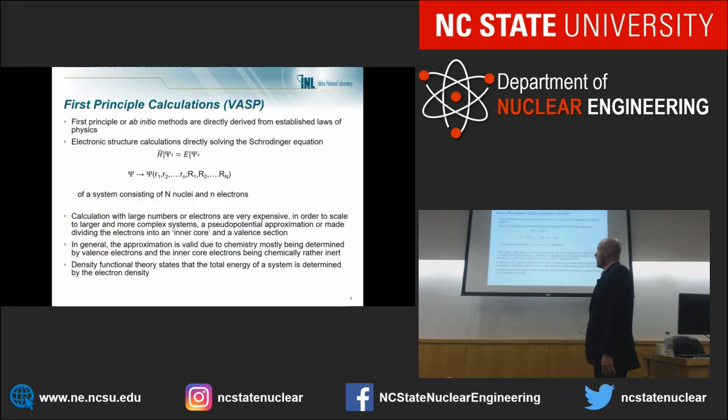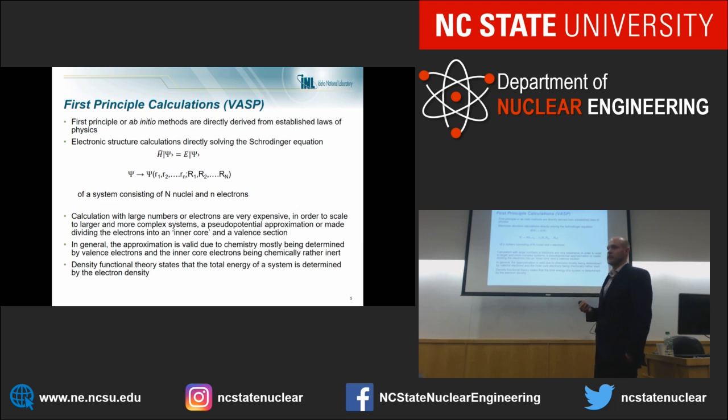So we start on the very low end. I'm not going to spend a ton of time on this. There are equations that no one wants to see. First principles calculations, or ab initio calculations, are directly derived from physics without any kind of assumptions made. So this is calculating the electronic structure of these systems directly from solving Schrodinger's equation.